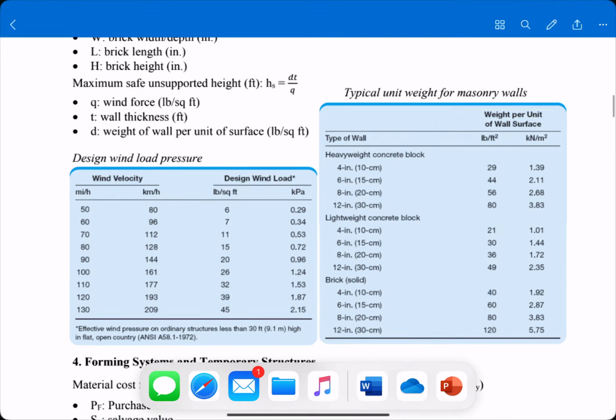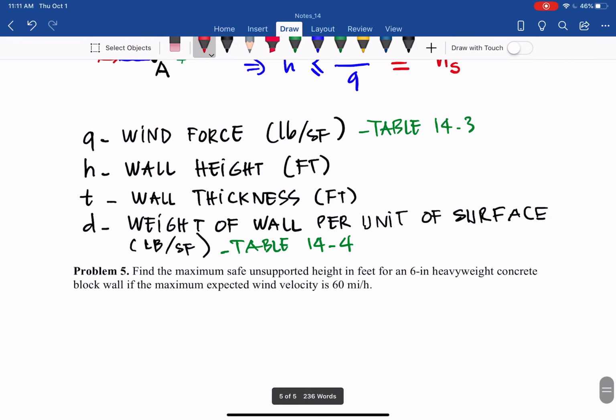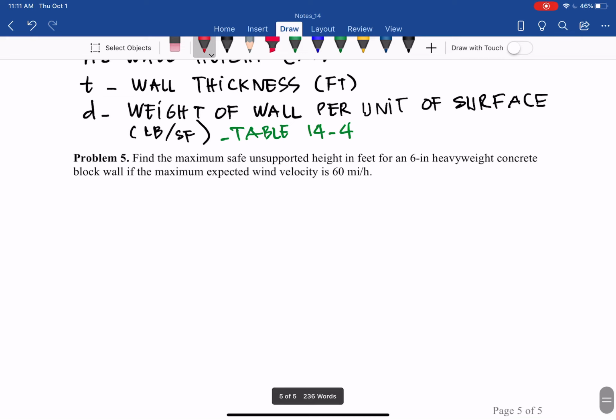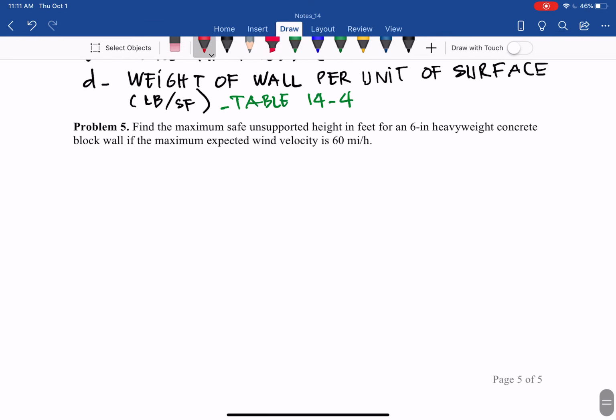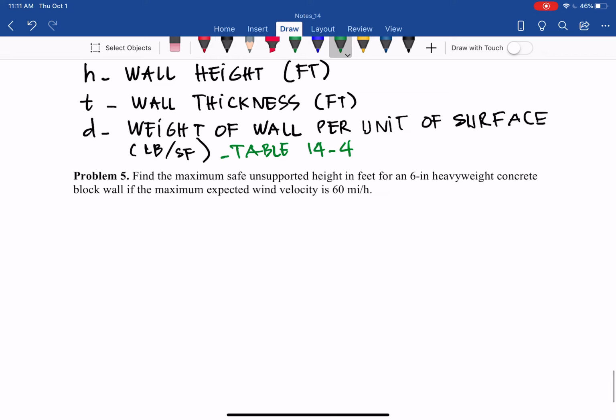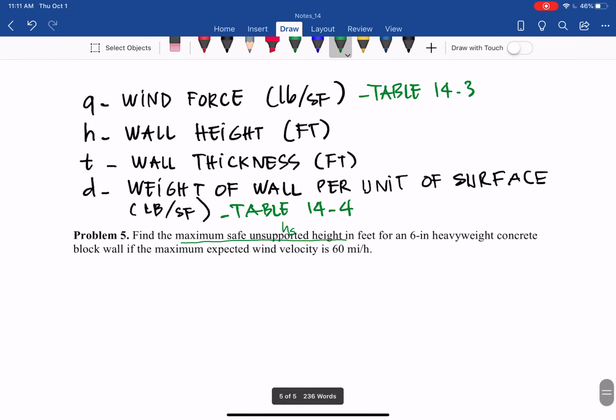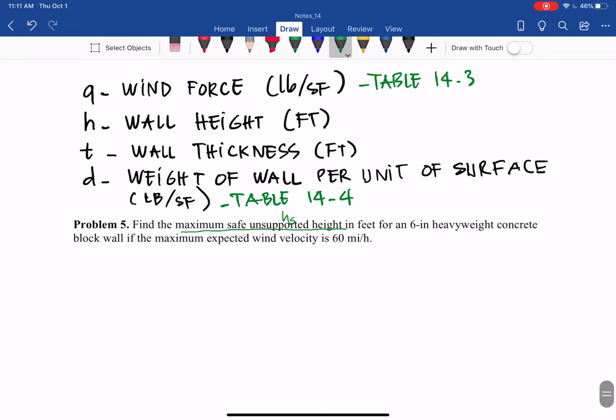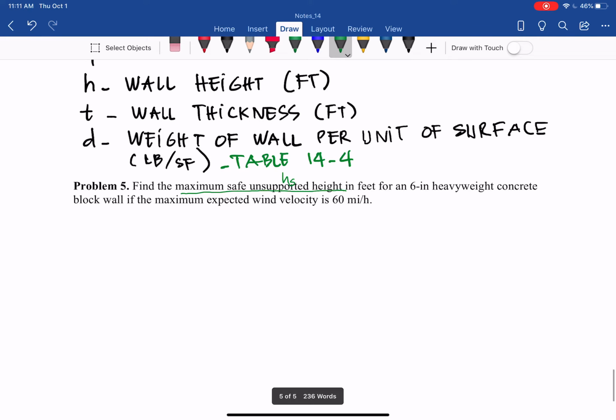So let's go back to apply this in problem 5. Find the maximum safe unsupported height, basically the one we talked about earlier, h s, in feet, for the 6-inch heavyweight concrete block wall if the maximum expected wind velocity is 60 miles per hour.